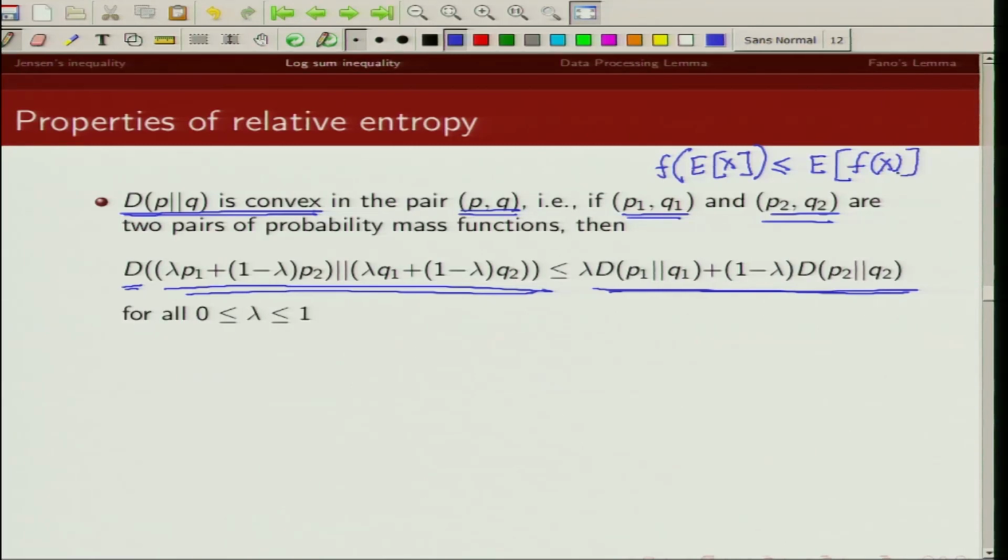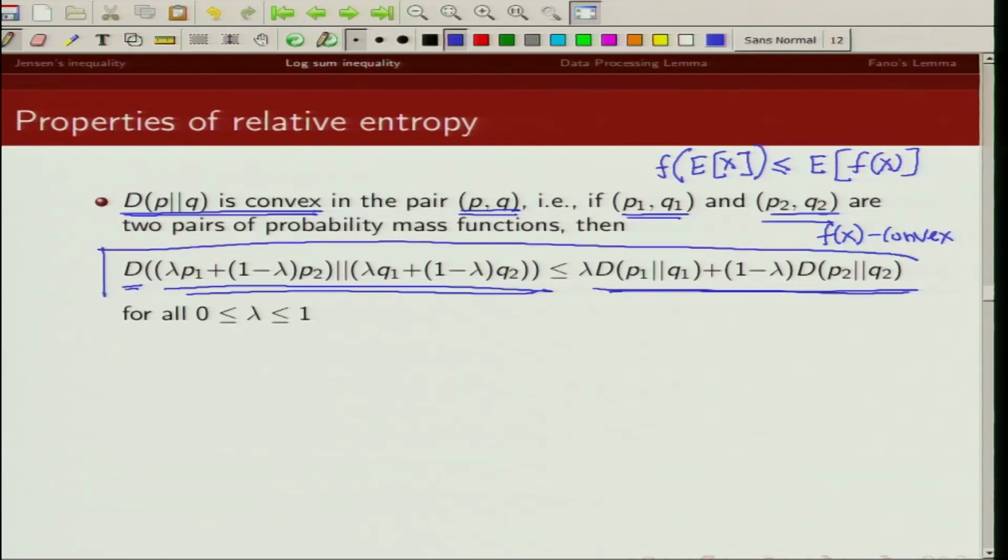This is for the case when f of x is convex, right? This is from the Jensen's inequality. So to prove that this is a convex function, we have to then, from Jensen's inequality, show this result where lambda lies between 0 and 1. So let us see how we can make use of log sum inequality to prove this result.